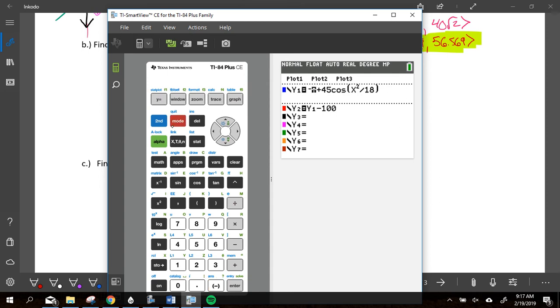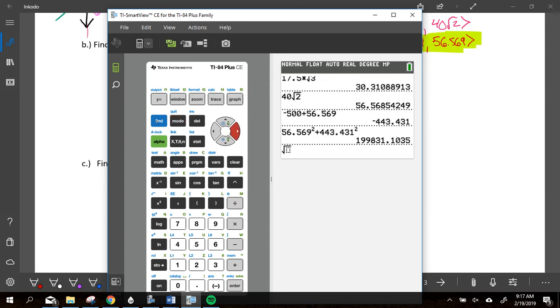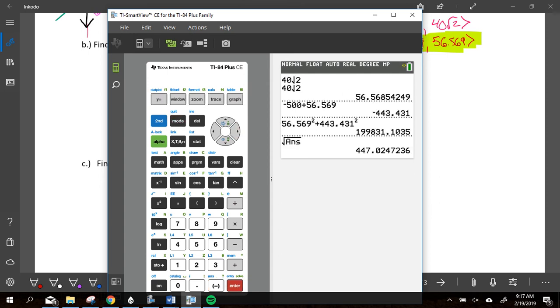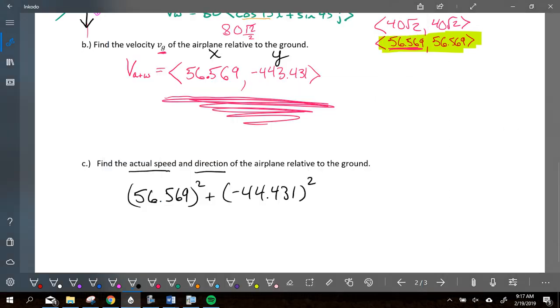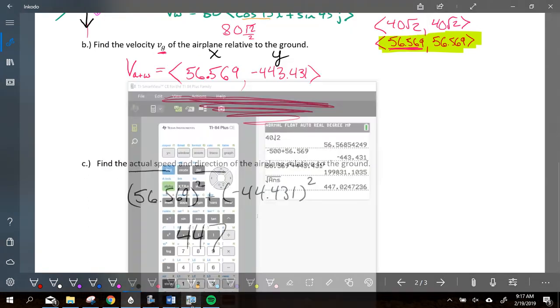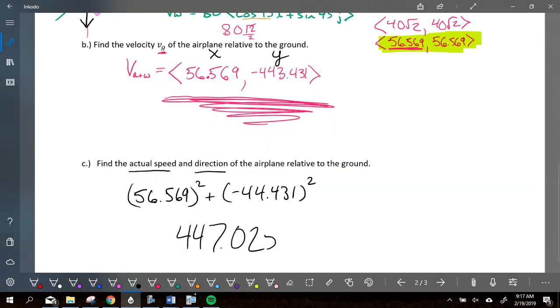Oh, no, I hit weird buttons. There's going to be my answer, 447.025. That is in miles per hour. That is the magnitude of V of A plus W. That's the speed of that plane.